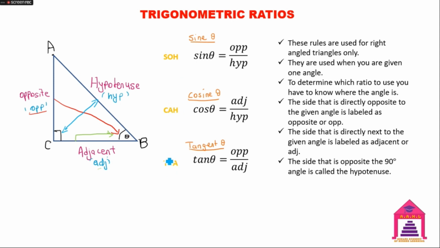TOA is tangent theta, is equal to the length of the opposite side of the angle divided by the length of the adjacent side of the angle.